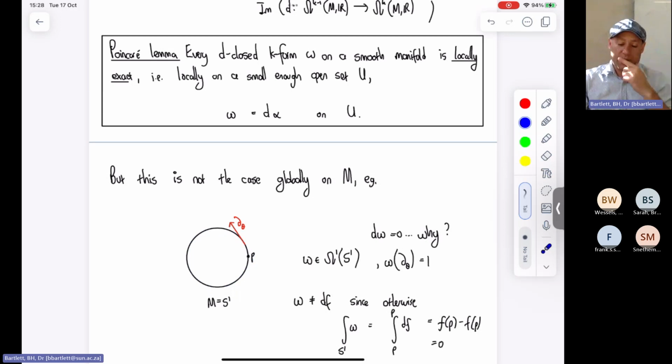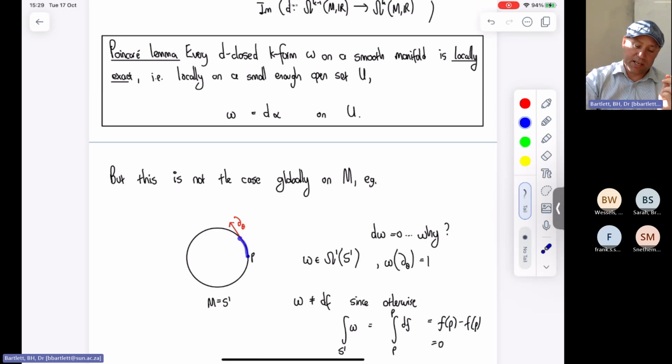If you write down what that integral means, you're doing a fundamental theorem of calculus. The integral of the derivative of a function along a path is the value of the function at the end point minus the value of the function at the beginning point.